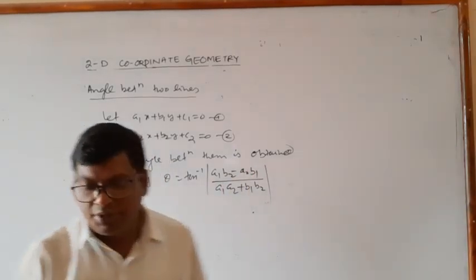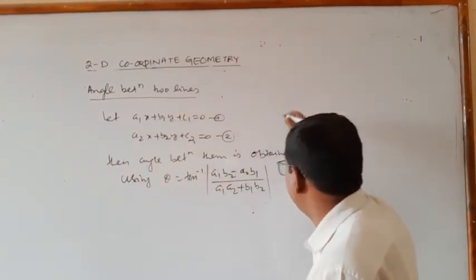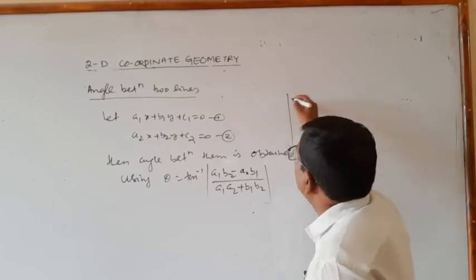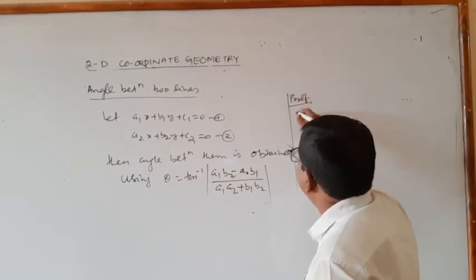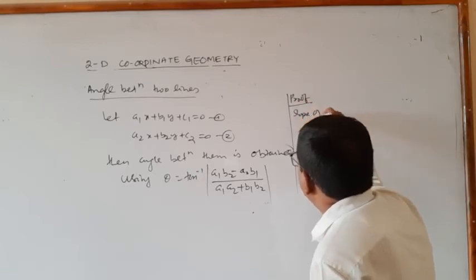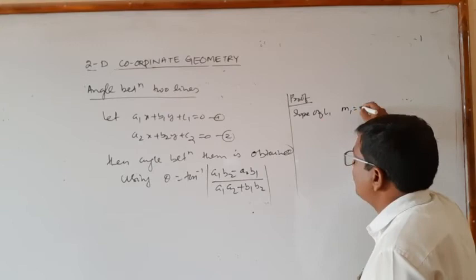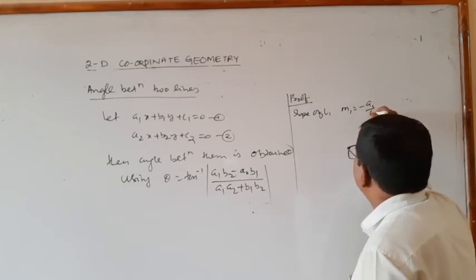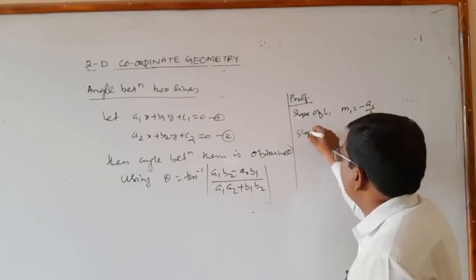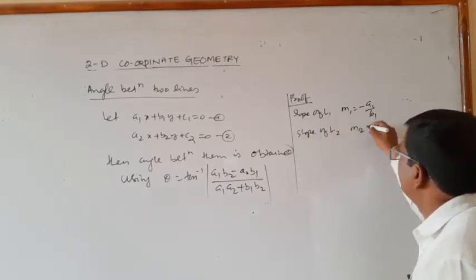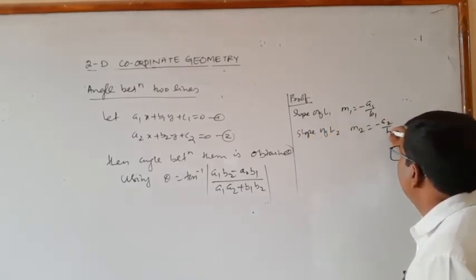How is it obtained? Proof of this: the slope of line 1, m1, is equal to minus a1 by b1. Slope of line 2, m2, is equal to minus a2 by b2.